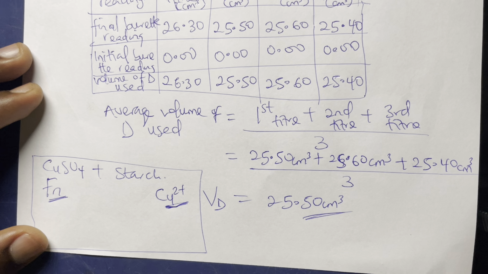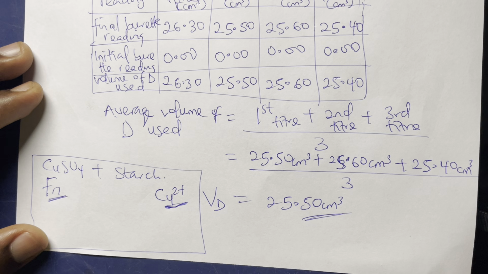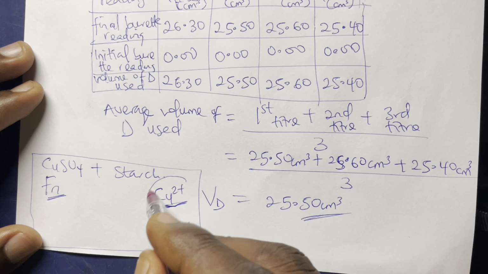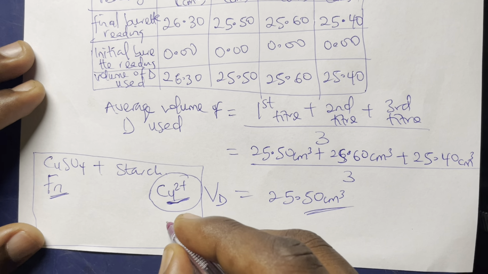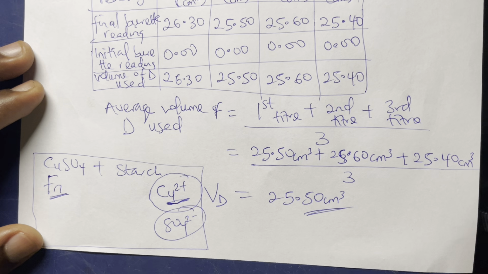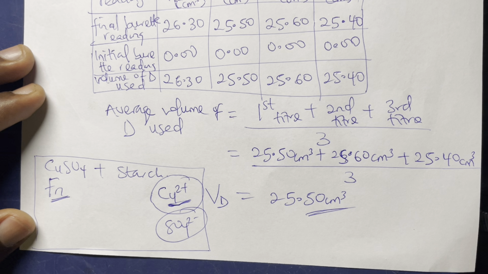You say add sodium hydroxide in drops, then add it in excess. So you must know that the main cation you are looking for is Cu2+, and the main anion you are looking for is SO4 2-. So you don't need to start doubting yourself. You should know what to use.